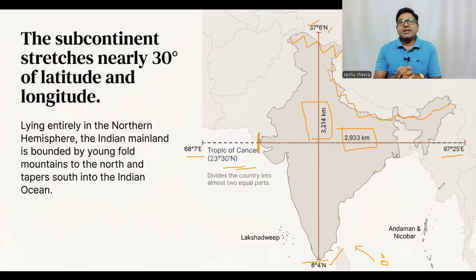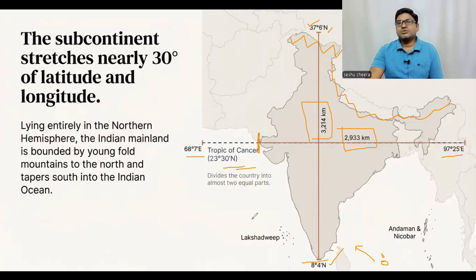As we see, the Indian subcontinent stretches nearly 30 degrees of latitude and longitude. Lying in the northern hemisphere, the Indian mainland is bounded by the young fold mountains on the north and the Indian Ocean in the south.